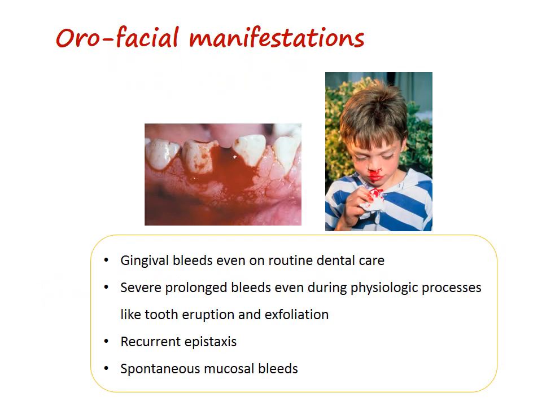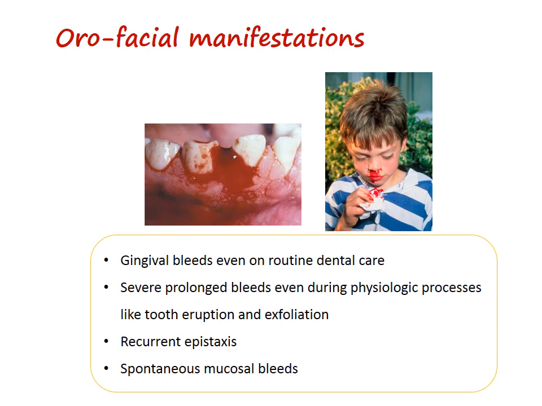The orofacial manifestations that we see are gingival bleeding even on routine dental care. Even if you are just doing an oral examination, the child may have severe bleeding from the gums. There is severe prolonged bleeding even during normal physiological processes, like brushing, where he might see bleeding gums, and tooth eruption and exfoliation.